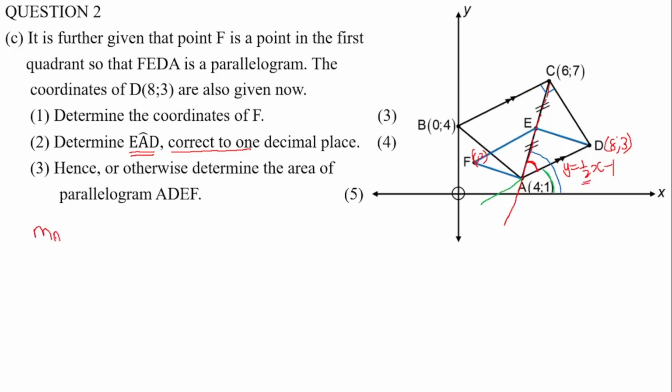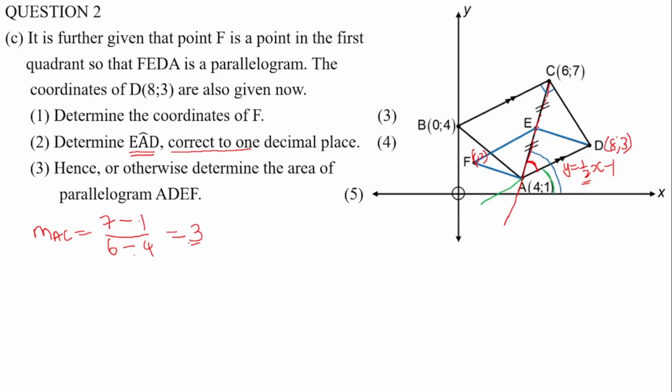The gradient of AC is equal to y at C, 7, minus y at A, which is 1, over x at C, which is 6, minus x at A, which is 4. Then the gradient is 6 over 2, which is 3.